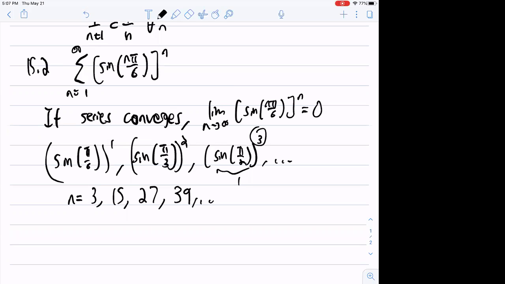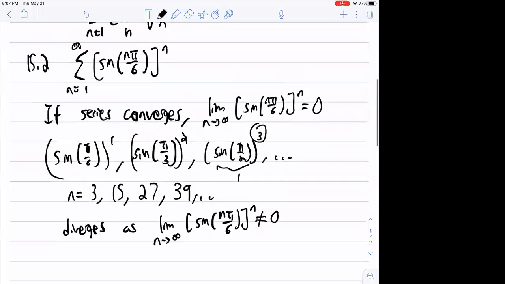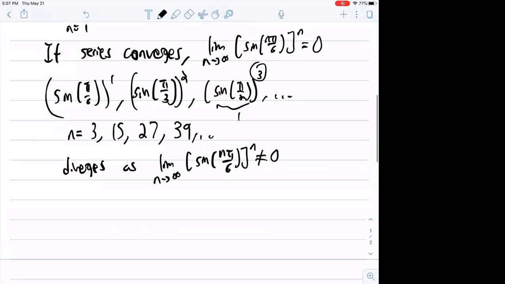So it's impossible. So this diverges, as the limit is not equal to 0. Everyone good so far?